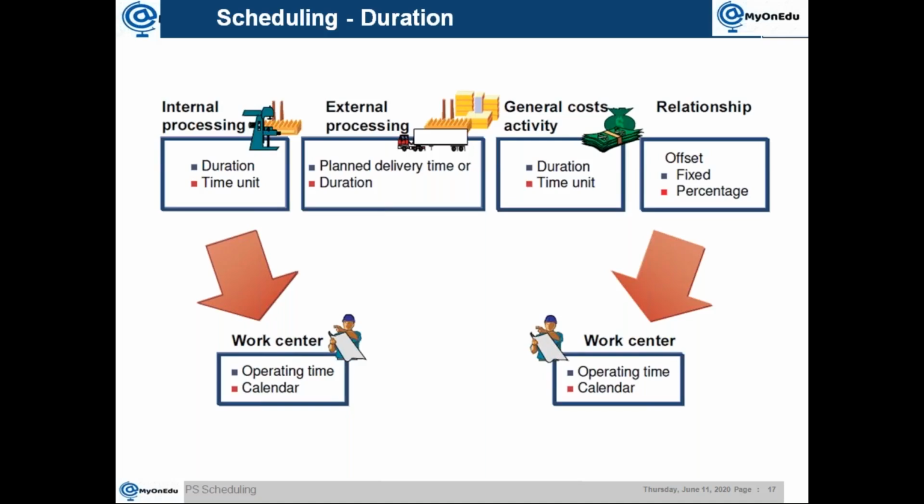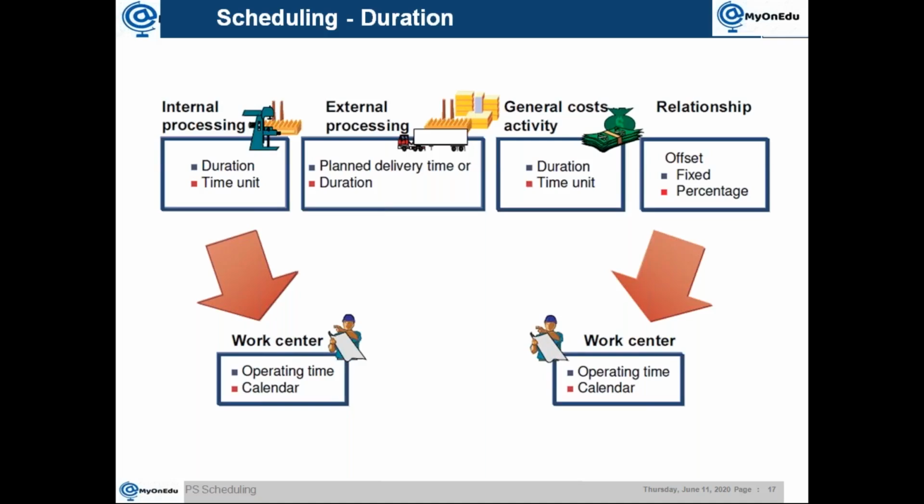So the duration can be calculated based on that. How will the system take it? There are two things. One is you can consider your operating time, because most of the time it will be 8 hours. So the operating time is determined by the work center which you are assigning to that activity. When you assign a work center, in the work center we mention the operating time, then that will be the activity's operating time.